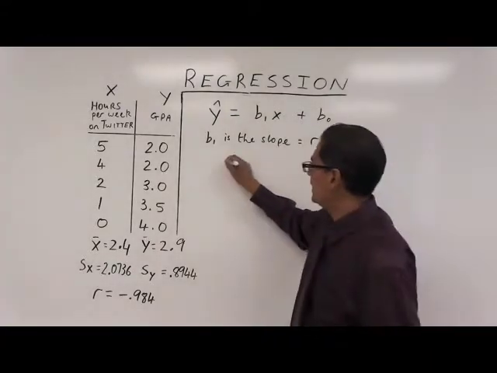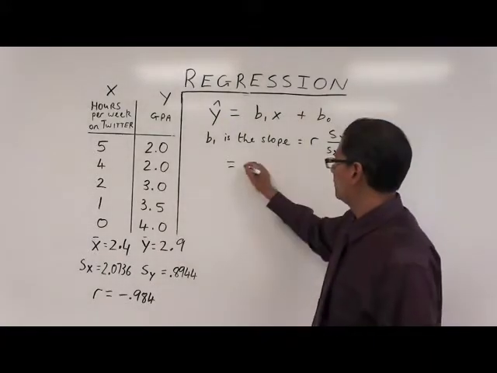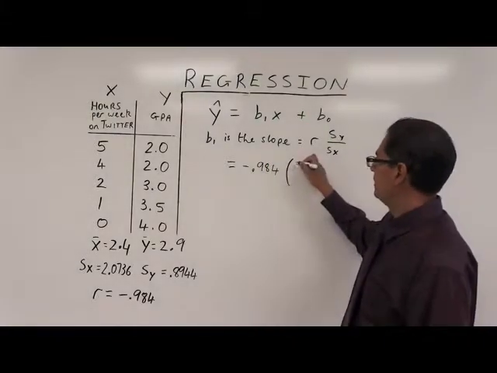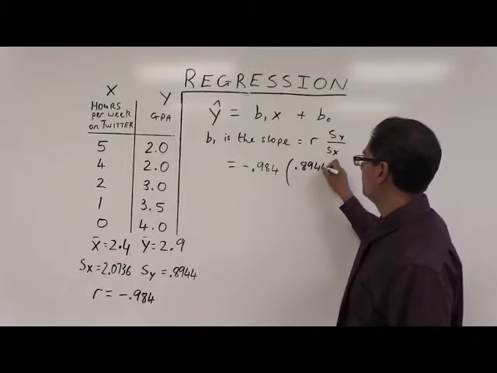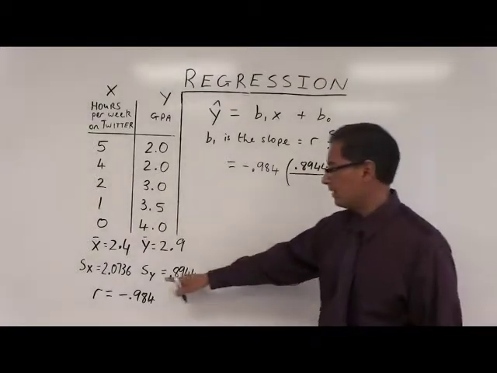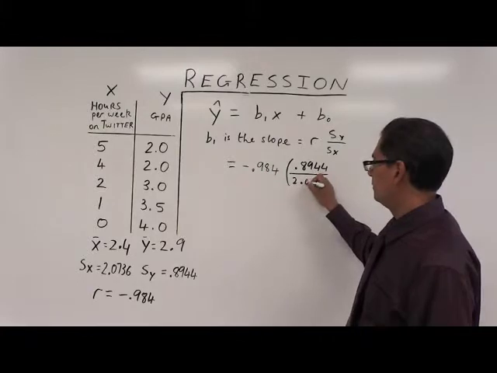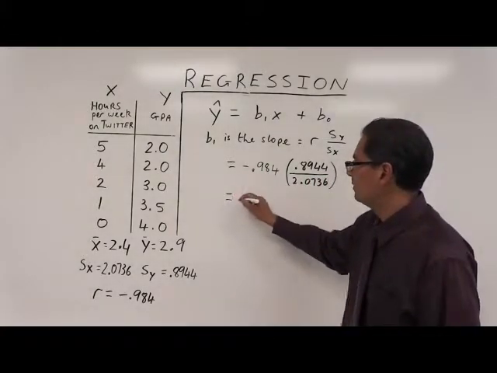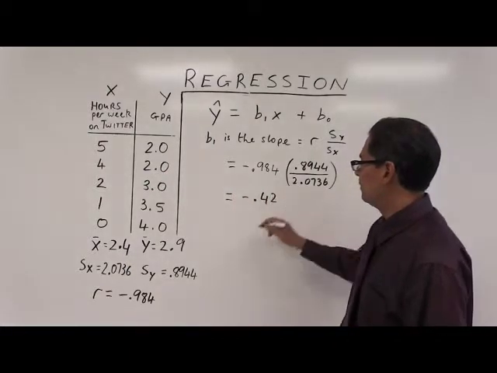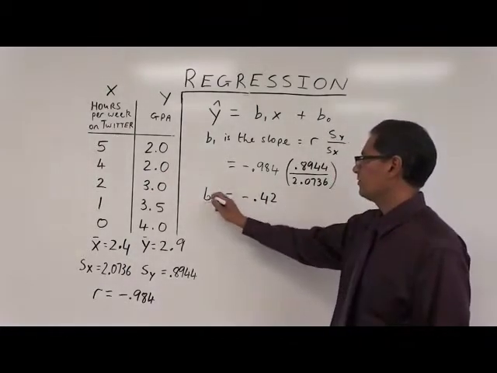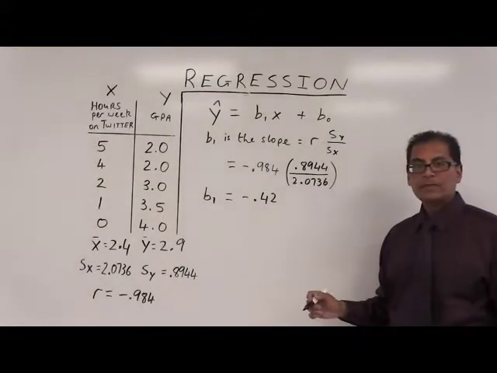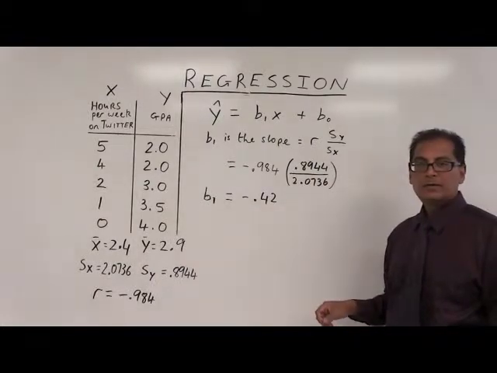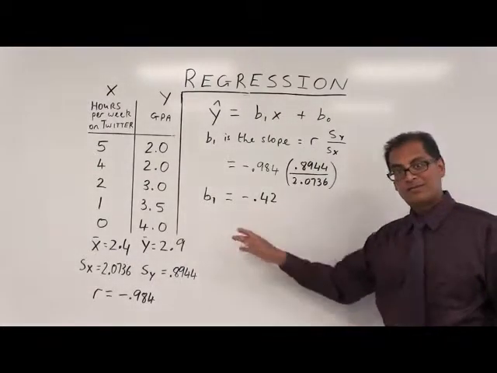We got r as negative 0.984 times 0.8944 divided by 2.0736. If we calculate this out, we get negative 0.42 approximately. So that's b1, our slope. For every extra hour you spend on Twitter, your GPA would drop by 0.42 if that relationship were true.